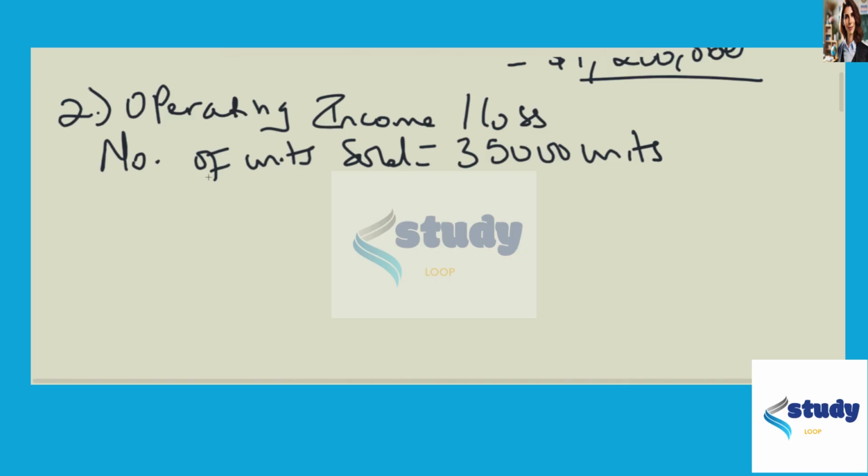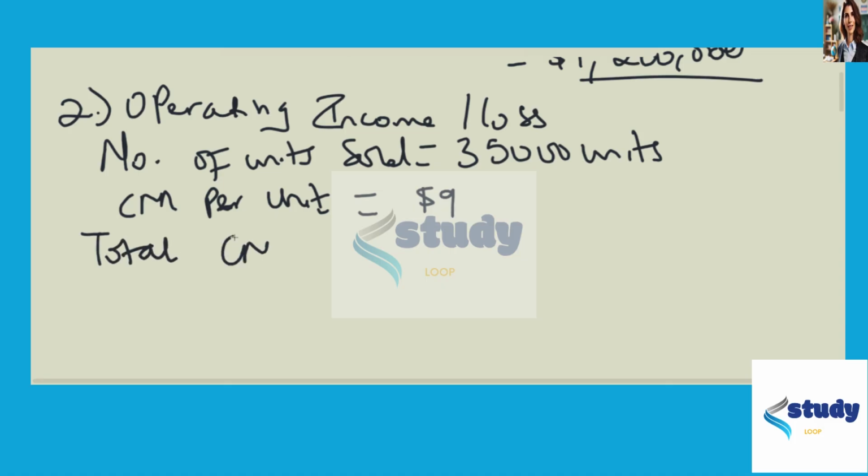Right. So moving on, the contribution margin per unit that we found before is $9. And mind you, CM is contribution margin, so we don't forget. So contribution margin per unit is $9. Then the total contribution margin will be equals to 35,000.